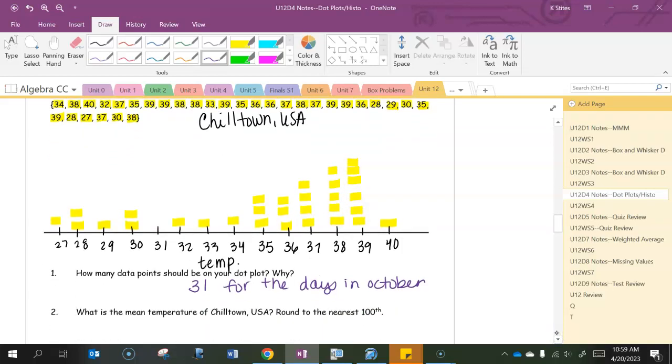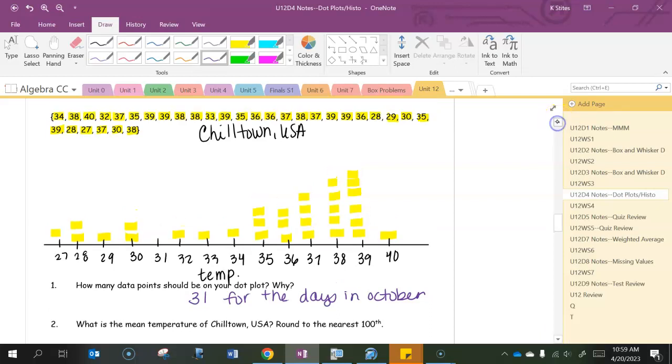So the mean temperature, again, you're not going to want to list, well, I guess you have all these data points listed out. So you could just add them all up. That would be fine, okay? Or you could use this method. Okay, there's 1 times 27 is 27. There's 2 times 28, that's 56.